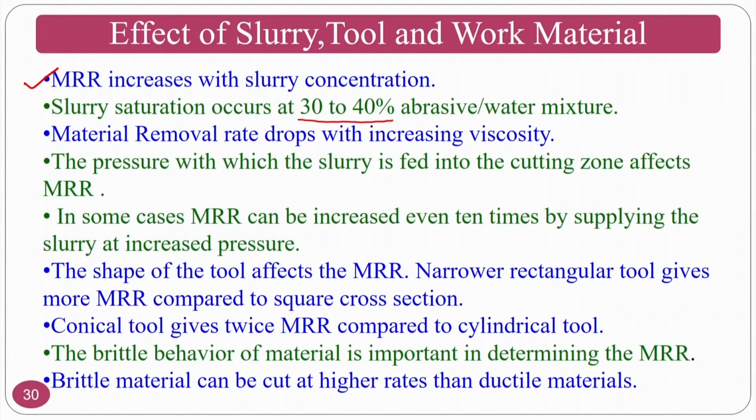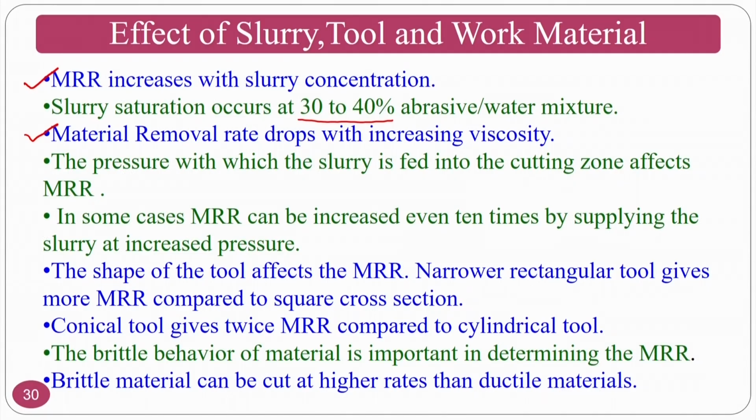The slurry may not penetrate, or cannot pass in between the tool and the workpiece material. Material removal rate drops with increasing viscosity. That is what I was saying. If the viscosity increases, then the flowability of the slurry will decrease. If it decreases, then the number of abrasive particles in between the tool and workpiece will be very less.